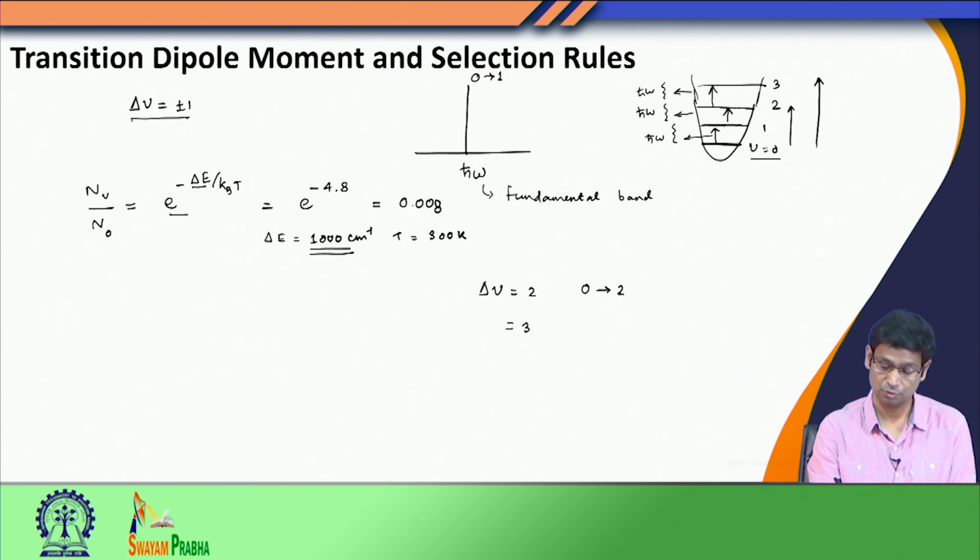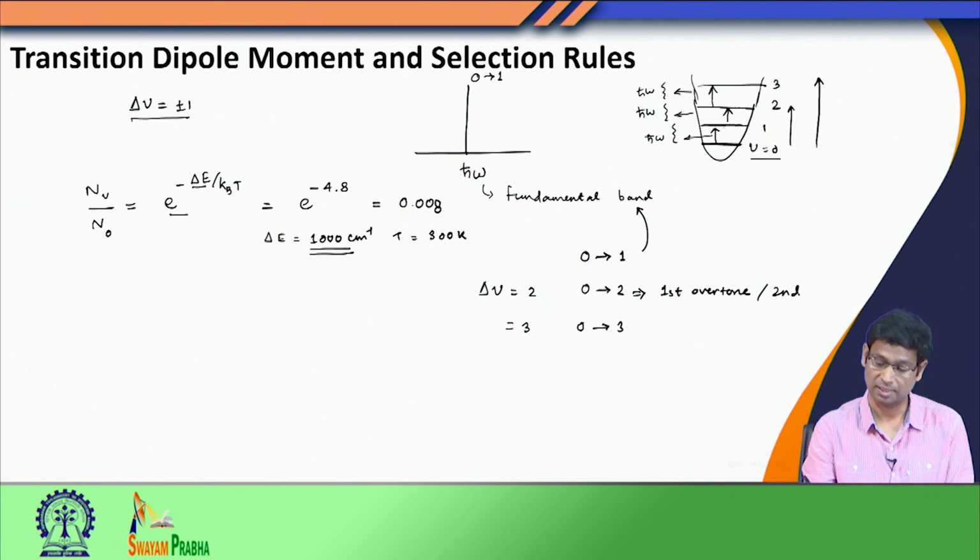So, 0 to 1 we call the fundamental band, 0 to 2 we call the first overtone, or the second harmonic band, and 0 to 3 would be the second overtone or third harmonic.